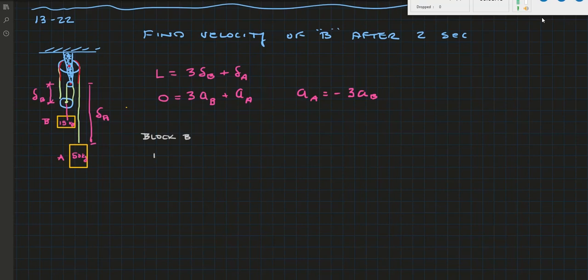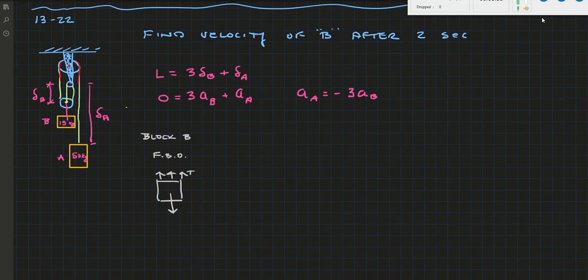So let's investigate our blocks now. Start with the free body diagram, and we'll look at the kinetics of the situation. So we essentially have 3 T's on B and a weight.